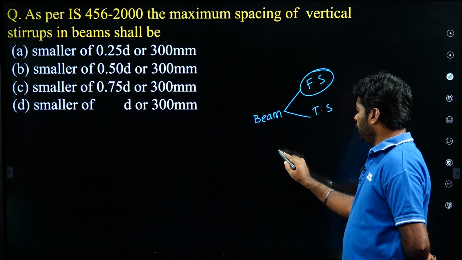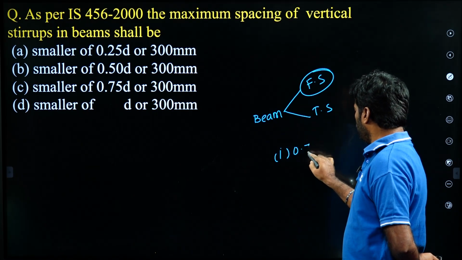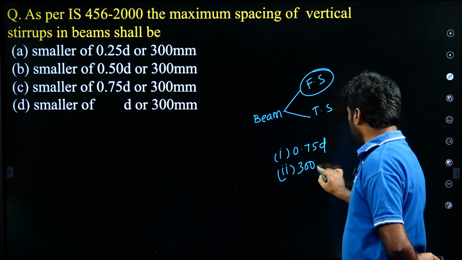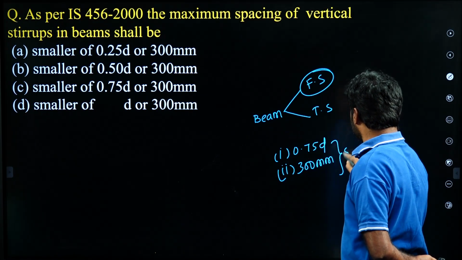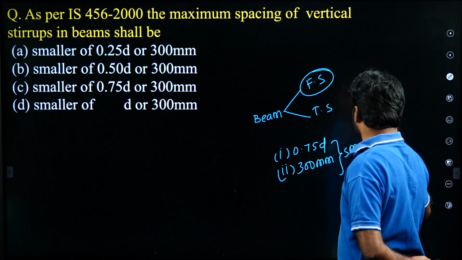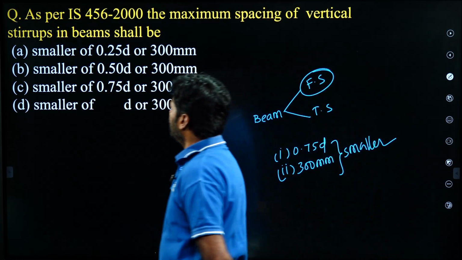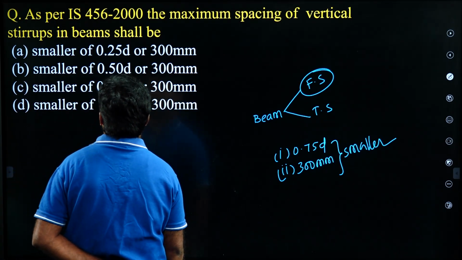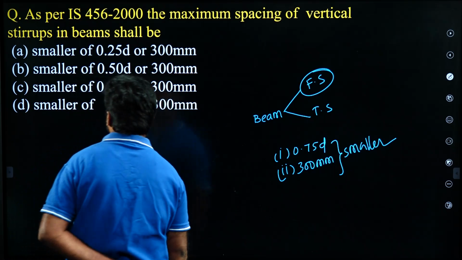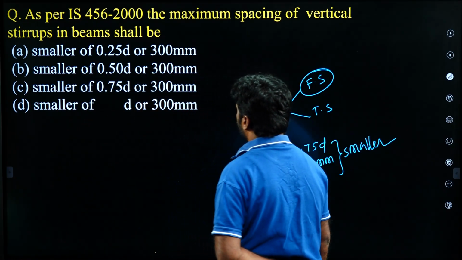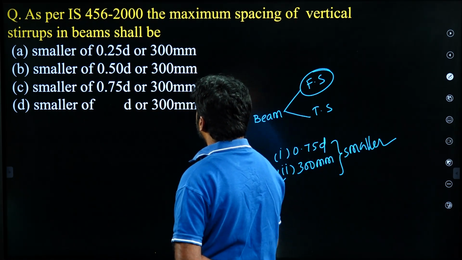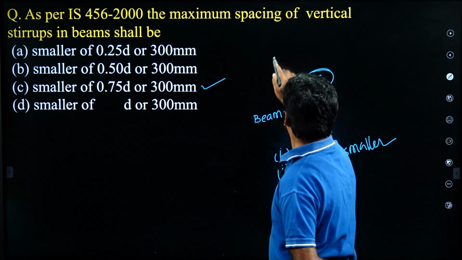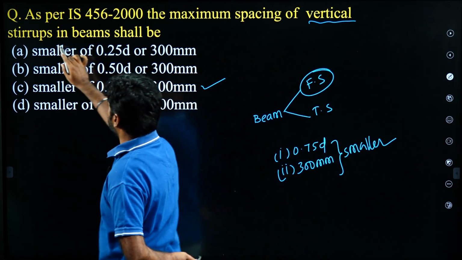For this case, maximum spacing should be 0.75d or 300 mm, whichever is smaller. Here the options: A, smaller of 0.25d or 300 mm; B, 0.5d or 300 mm; C, 0.75d or 300 mm; D, d or 300 mm. Option C is correct, because they have given vertical stirrups.